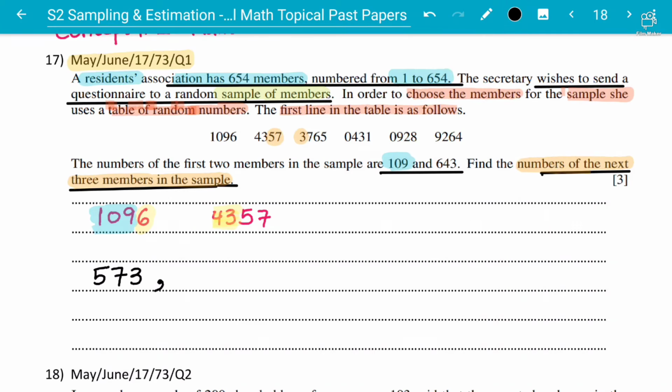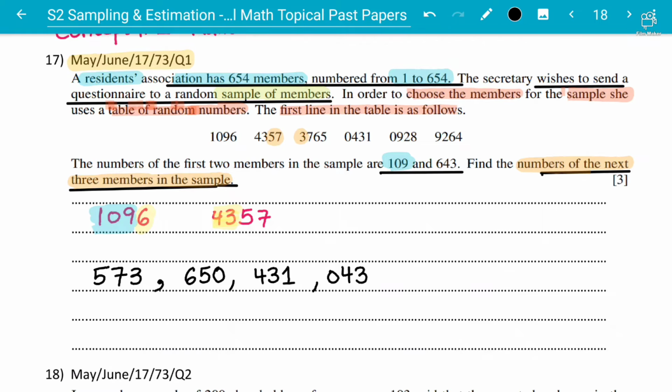Your next answer can be 650 as well, and then 431 you can choose. So 573, 650, 431, or you can say 043 as well. You can choose any of these numbers. Make sure you just give three answers.